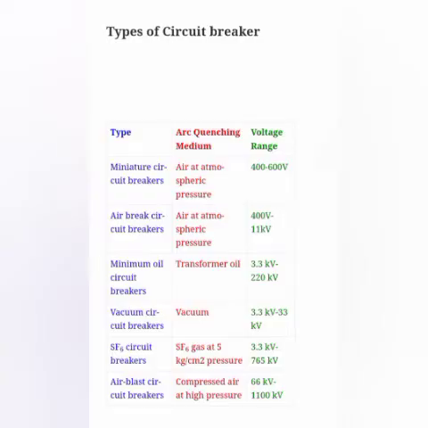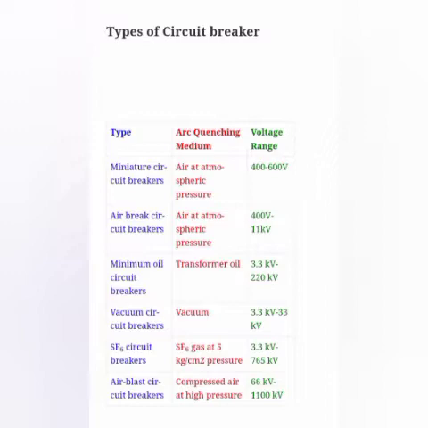Next, coming to the types of circuit breakers classified according to their medium. The MCB, miniature circuit breaker, is used up to a voltage range of 400 to 600 volts. Then the air break circuit breaker, ABCB, 400 volt to 11 kV. Then the minimum oil circuit breaker, 3.3 to 220 kV.